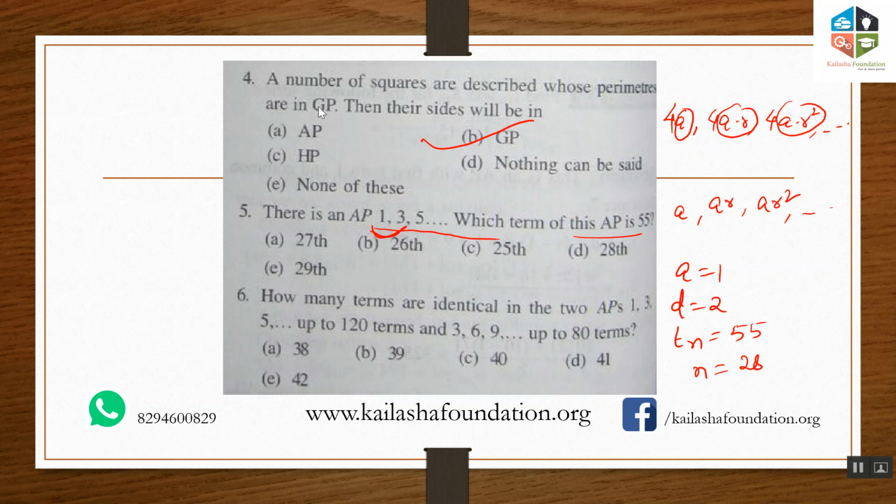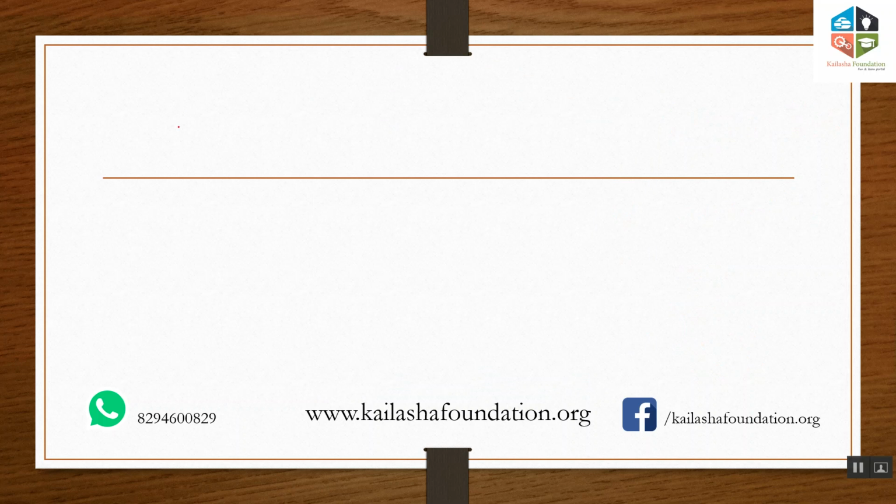How many terms are identical in the two APs? 1, 3, 5 up to 120 terms, and 3, 6, 9 up to 80 terms. Okay, let us find out. 1, 3, 5, 7, 9, 11, 13, 15, 17, 19, 21, and so on. 3, 6, 9, 12, 15, 18, 21, and so on.